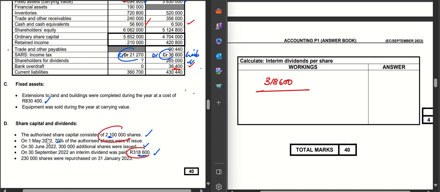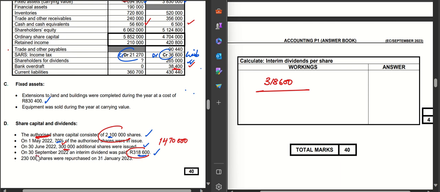No, because this was the authorized share capital. And they told us that they gave 70% of that. So if you say your 2.1 by 70%, remember we did that earlier on, and we got 1,470,000. But again, before they issued the interim dividend, they issued an additional 300,000 shares.